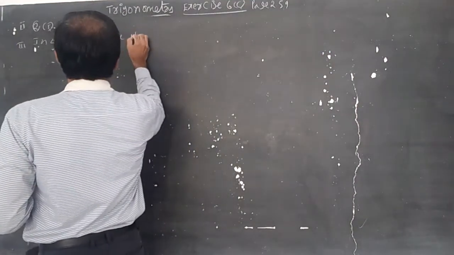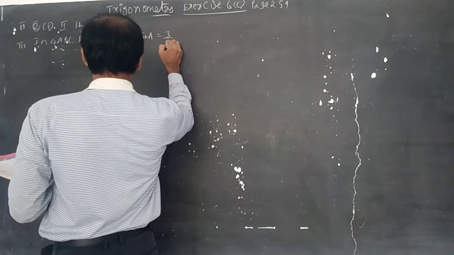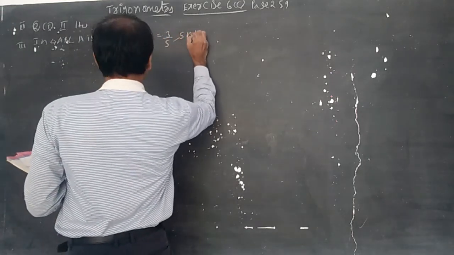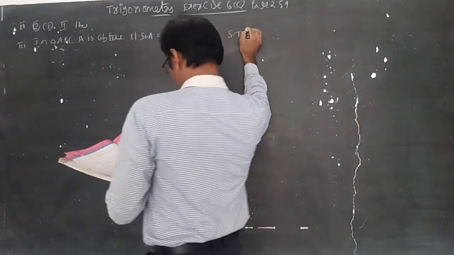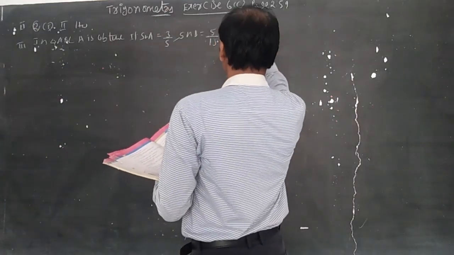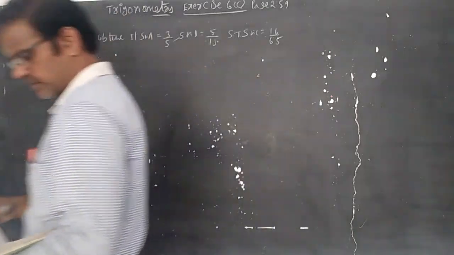If sin A is equal to 3 by 5, sin B is equal to 5 by 13, show that sin C is equal to 16 by 65.